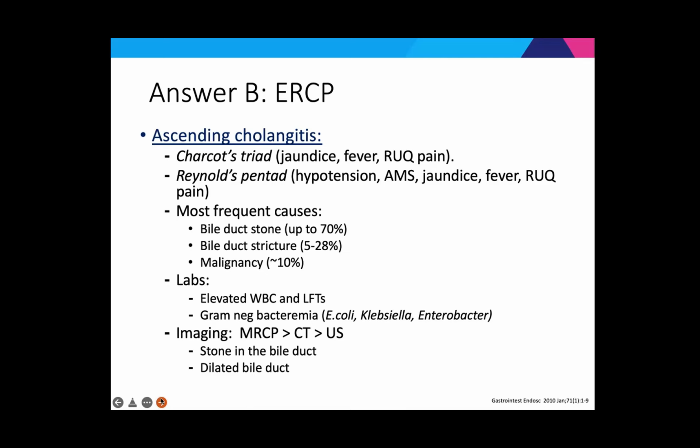But if you had the option of choosing only one of these imaging modalities, I would probably choose MRCP because it is, again, 97% sensitive for detecting common bile duct stones, is the most sensitive and non-invasive way of visualizing the common bile duct. Now, CT and ultrasound can show biliary ductal dilatation, and CT is sensitive for picking up calcium-based gallstones.